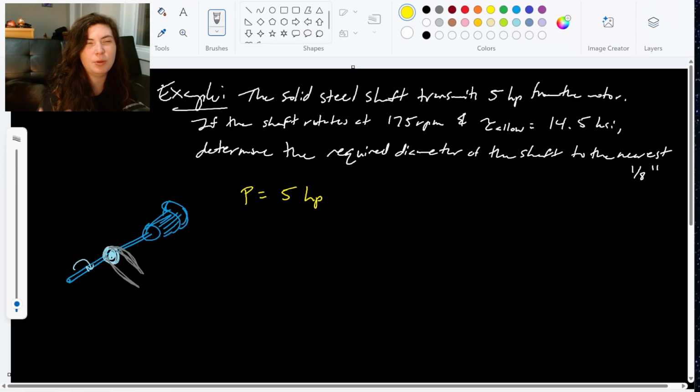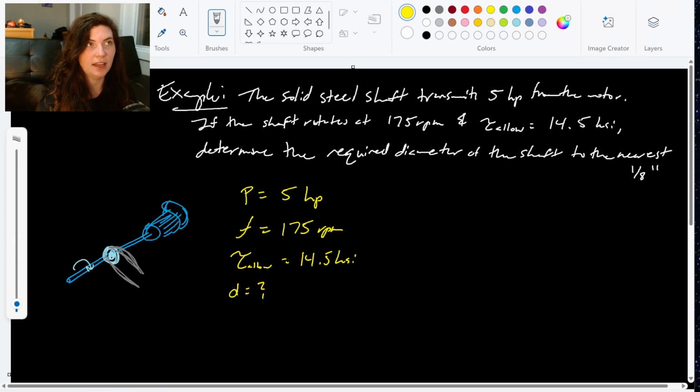And even though it doesn't tell me what that is, I know from that unit, RPM, that's a frequency of 175 RPM. It gives me that allowable shear stress of 14.5 KSI. And I'm trying to find the diameter D.